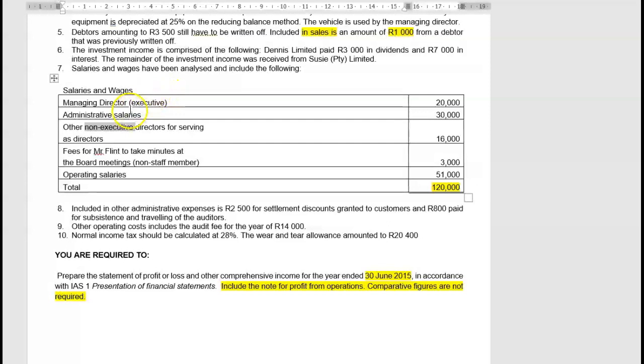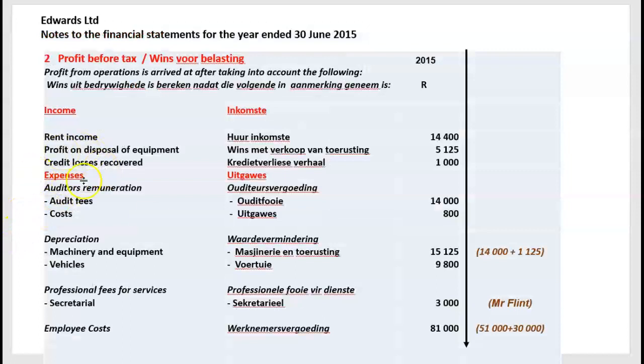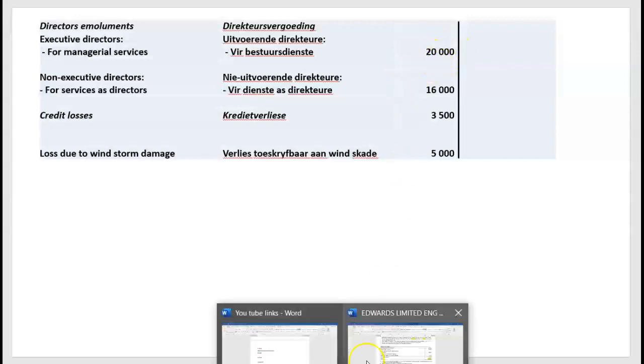So clearly the managing director, he's the executive director, and the salary that he will receive will be in his capacity as the main man in the entity. So he's performing a day-to-day task, and for that he's getting a salary. So that 20,000 in our note under expenses, yes, directors' emoluments, executive directors for managerial services, and there is the 20,000 Rand that he has received.